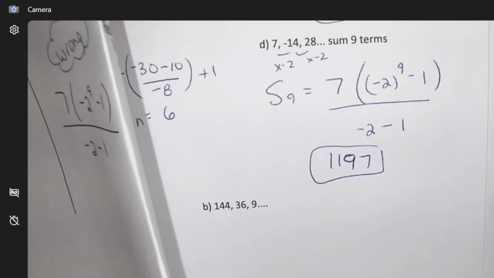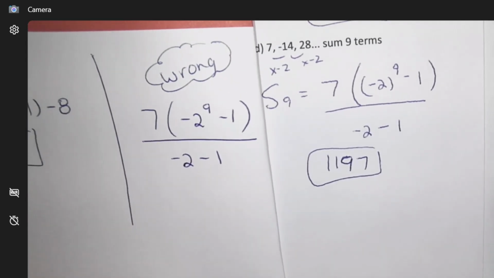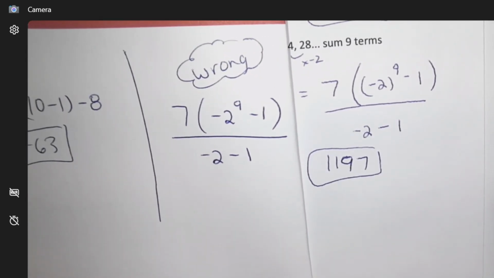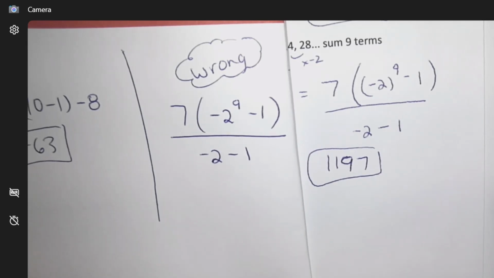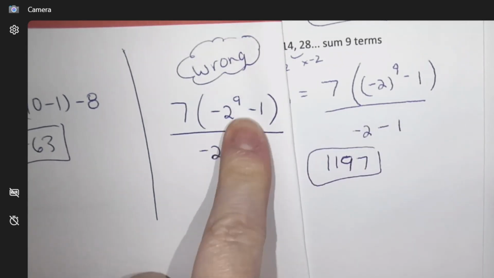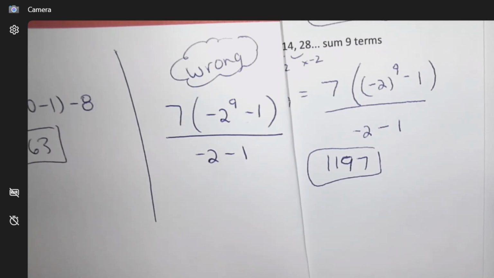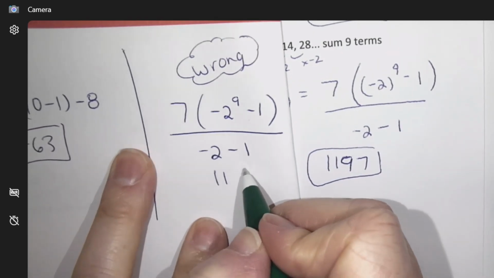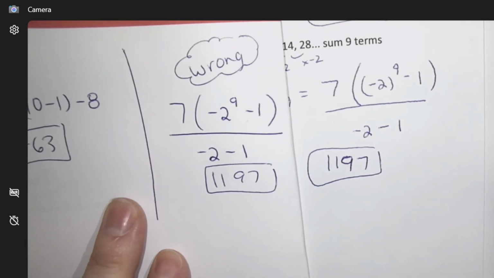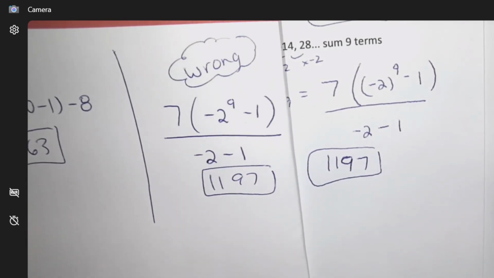Okay, 1197. Again, if I had somebody who wrote it like this, I'm going to give them a deduction point. They might still get this answer. Okay, but why do they not get full points?